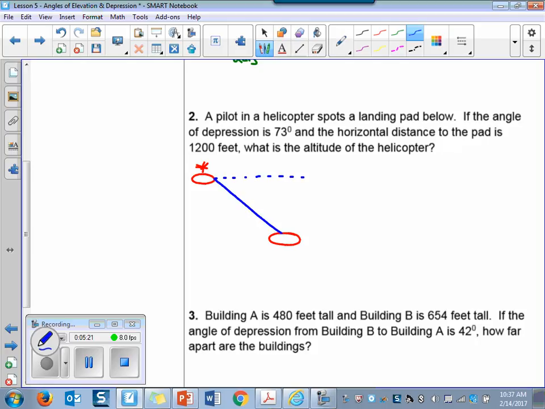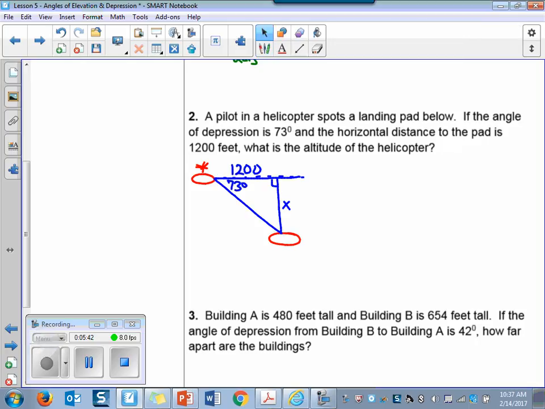And there's my angle of depression, 73 degrees. And of course, we turn this into a right triangle. The horizontal distance, that would be across, is 1,200 feet. What is my altitude or my height of my helicopter?